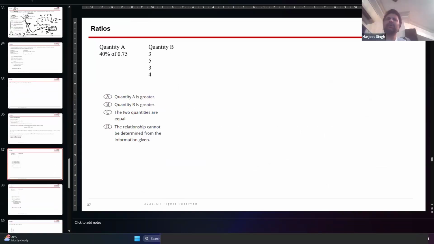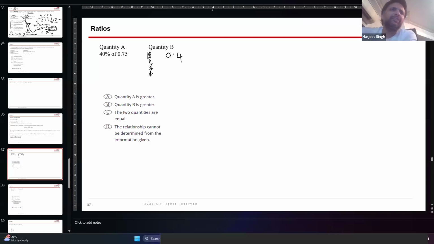Okay. Another quant comparison on ratios. So 40% of 0.75 is A and B are these quantities. Sorry, there's something not right here. So this is 0.4.